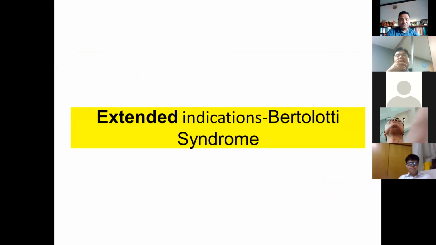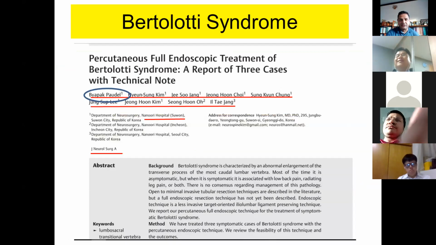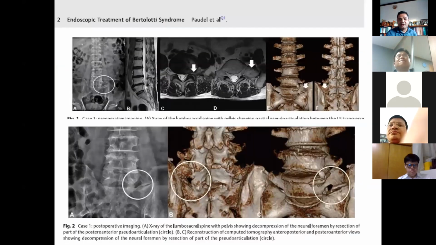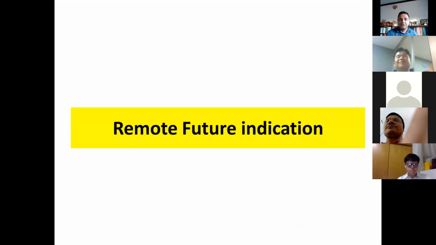We can also use the endoscopic method for the treatment of Bertolotti syndrome, which has been published by our team. We see here that there is a Bertolotti problem with the pseudo-articulation. It can be decompressed by the endoscopic technique, so treatment of Bertolotti syndrome is feasible with the endoscope.